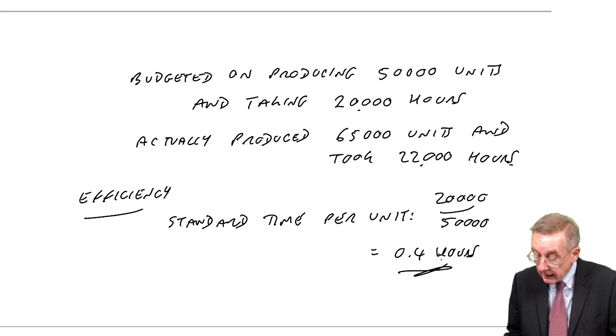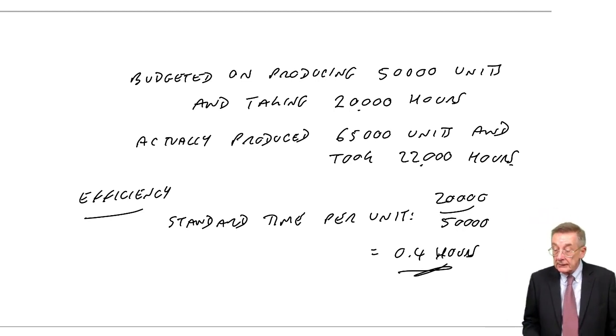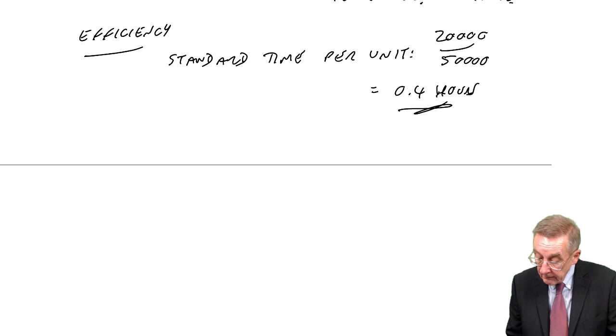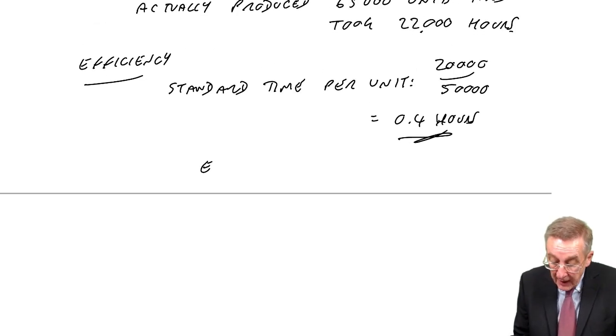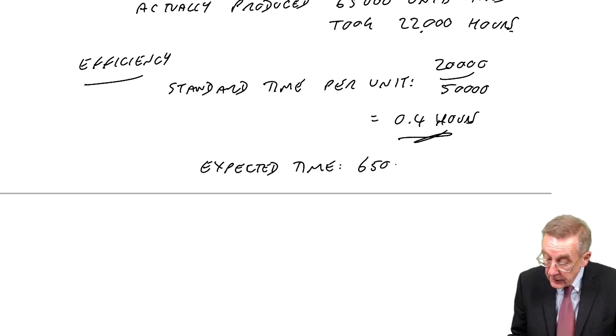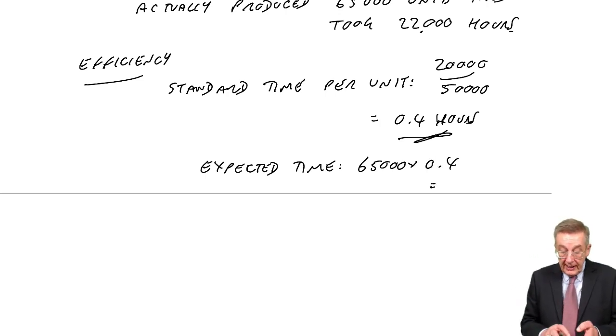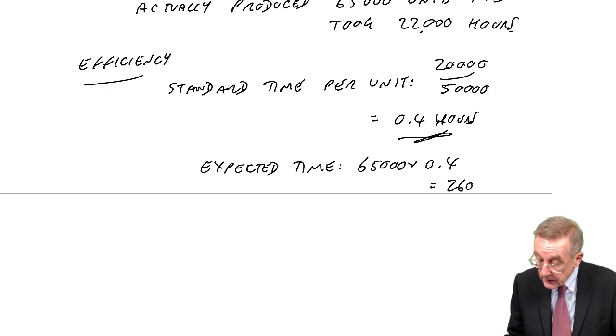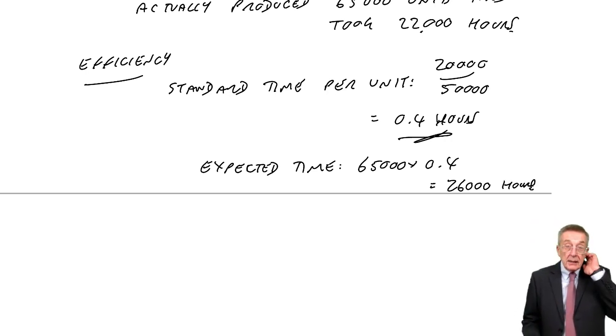Every unit should take 0.4 hours to make. They produced 65,000 units. And so the expected time, 65,000 units should have taken 0.4 hours each, which is 26,000 hours. So that's how long we expected them to take.